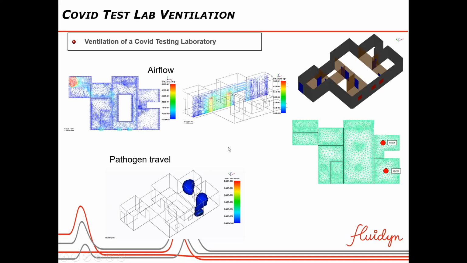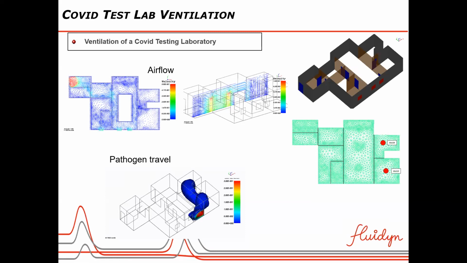Basically, while solving the momentum Navier-Stokes equations, we simultaneously solve the pathogen transport equation also, so that we are able to see with respect to time how it spreads in the computational domain. Even in this case, we can see the mesh structure, a nutshell view of the domain.